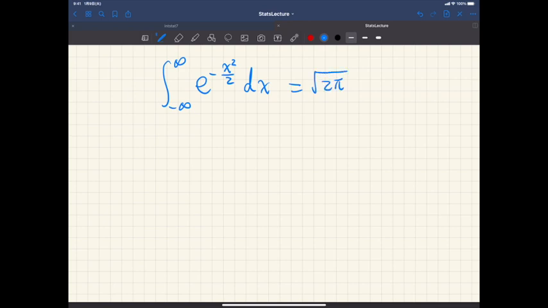So if you remember the density function for the standard normal distribution, that is 1 over square root of 2 pi, exponential of minus x squared over 2.